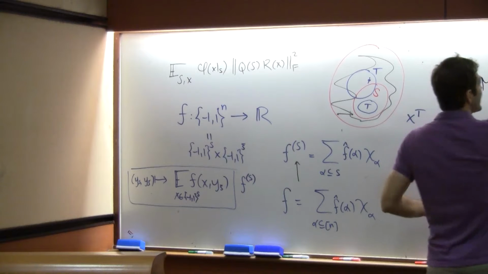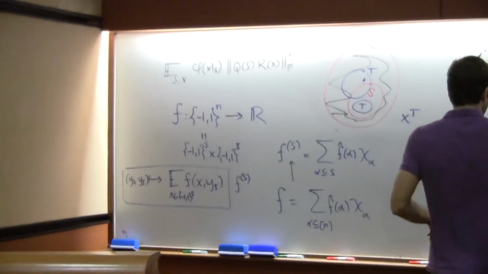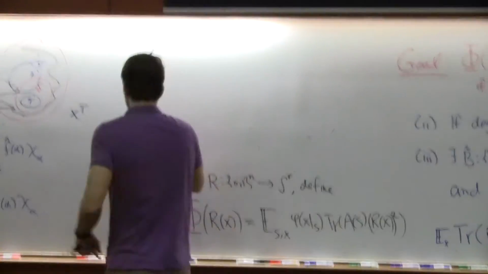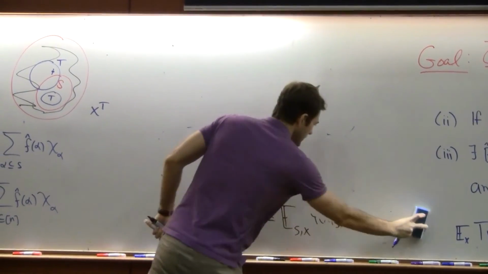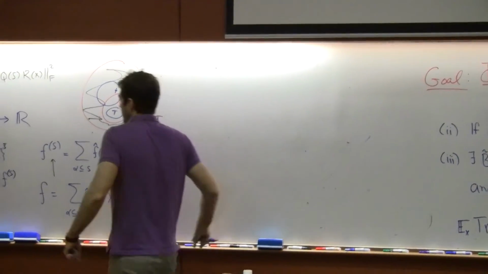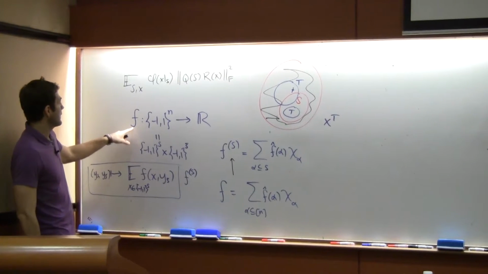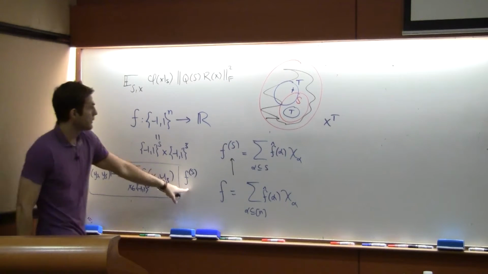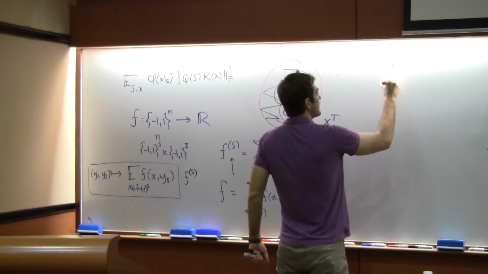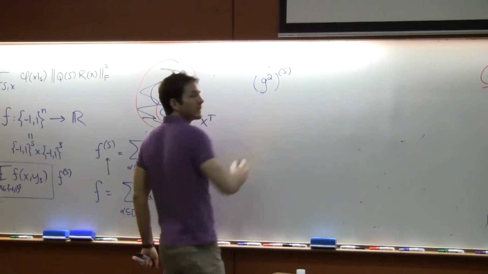We'll solve the problem in just a second, but there's one seemingly serious problem here. Our setting is not that we have some f and we do this. Our setting is more like we have a function g, and we do this process to the square of g.